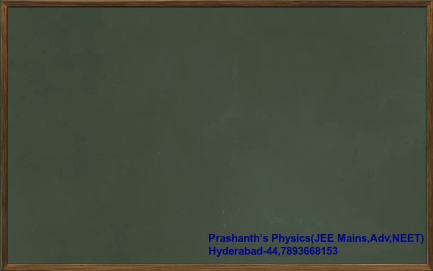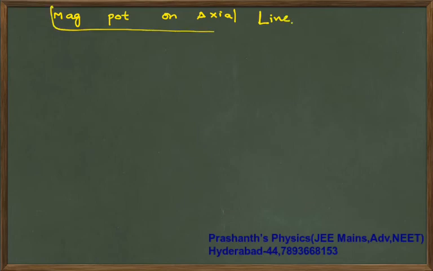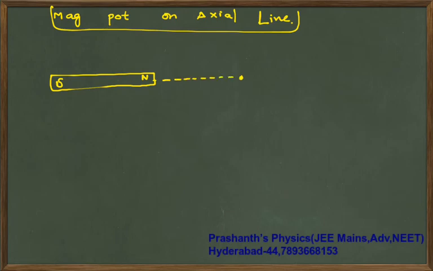So now your magnetic potential on the axial line. This is your south pole, this is your north pole. From here to here, let us say the distance is d, this length is L, and this length is also L. Obviously this is plus m, this is minus m.